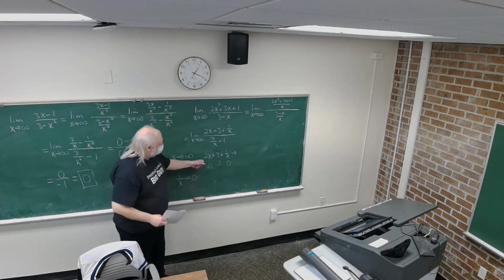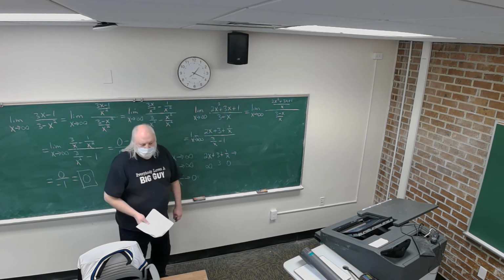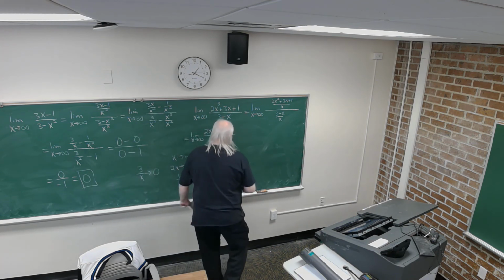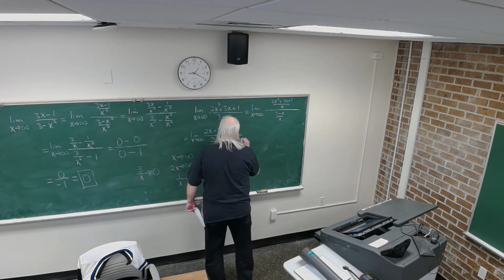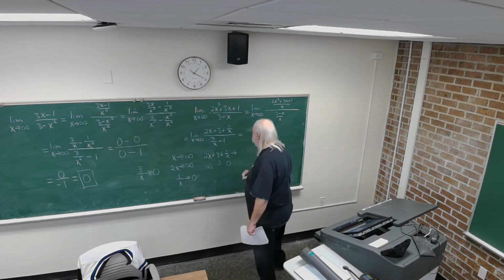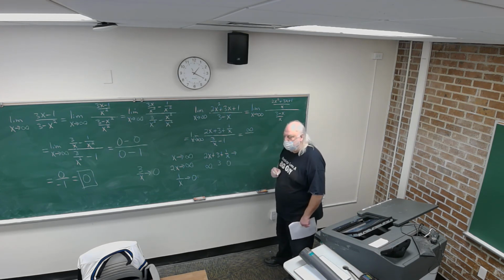And so infinity plus 3 plus 0 is infinity. Right? And so the numerator is increasing without bound; we can just pretend for a second that infinity is a number. Okay?